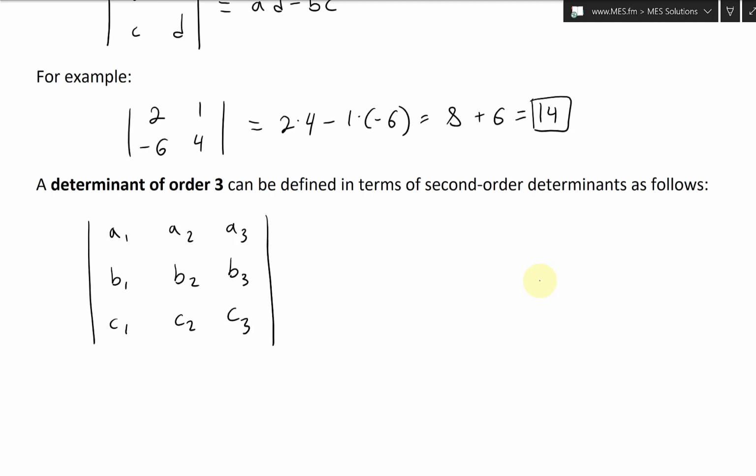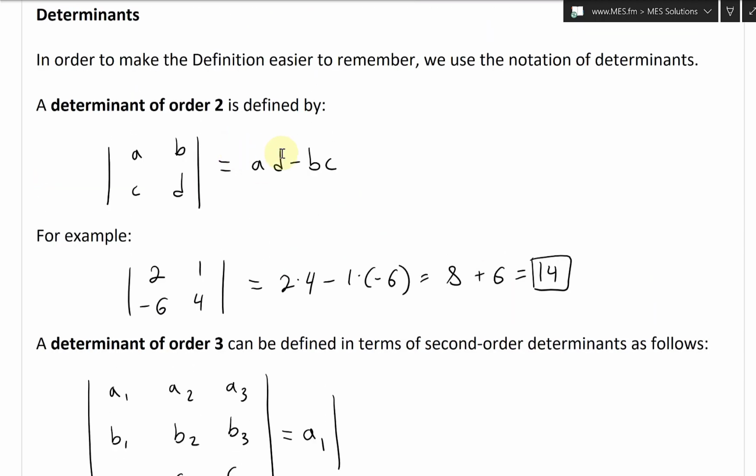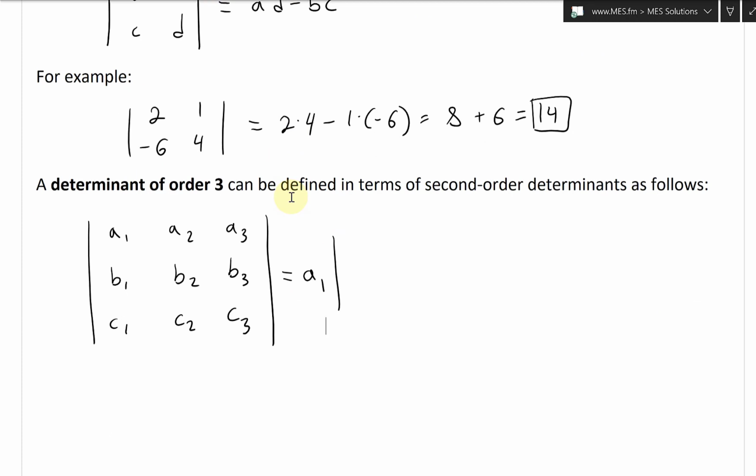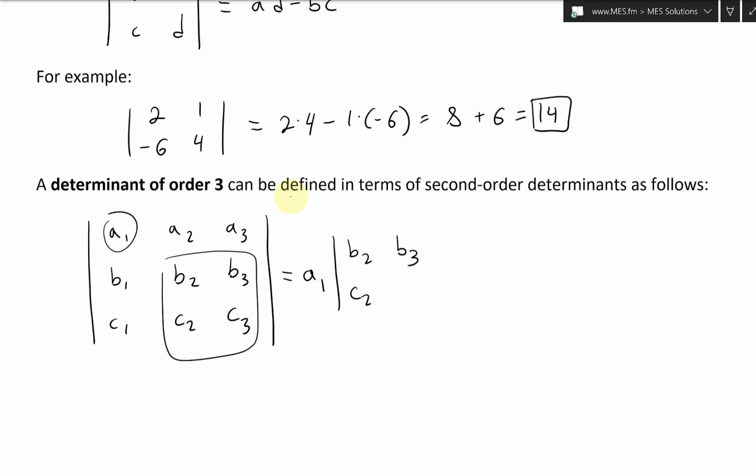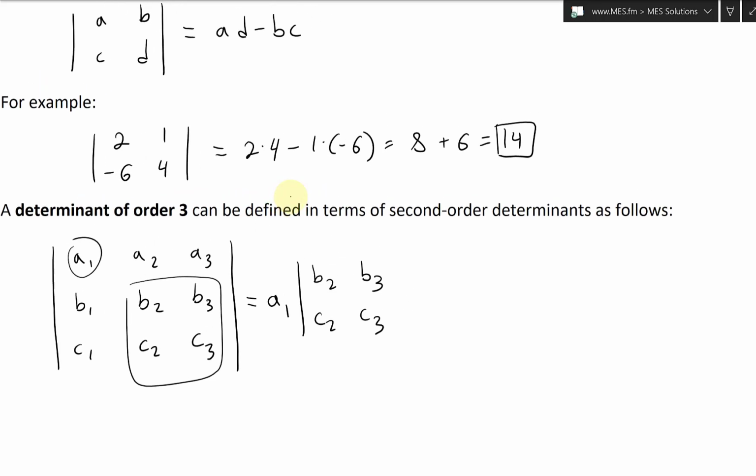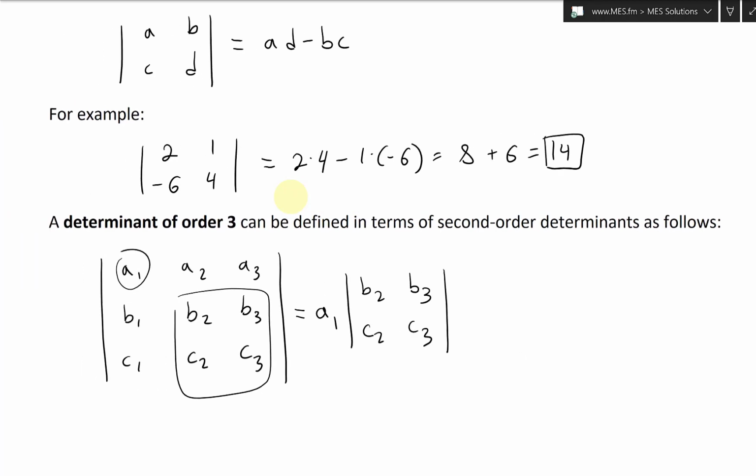This is defined as A1 times the second order determinant, which we know how to solve by this definition. So it is A1, then we'll box this in, B2, B3, C2, and then C3.